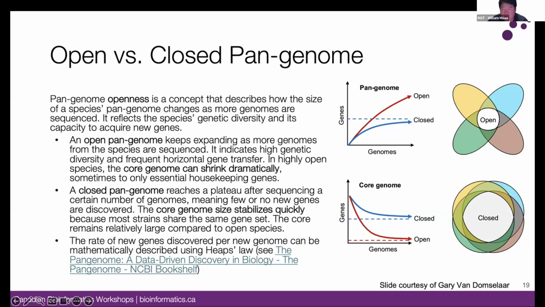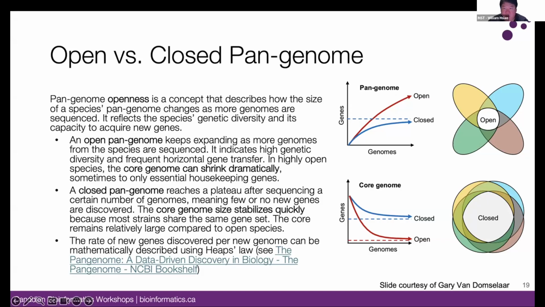In highly open species, the core genome can shrink dramatically over time. Right? So the red arrows here shown as a depiction of open pangenomes. You can see gene count of pan continue to grow, and the number of core genes, as we've seen in E. coli and Pseudomonas examples, represent a very small percentage of the overall gene pool.